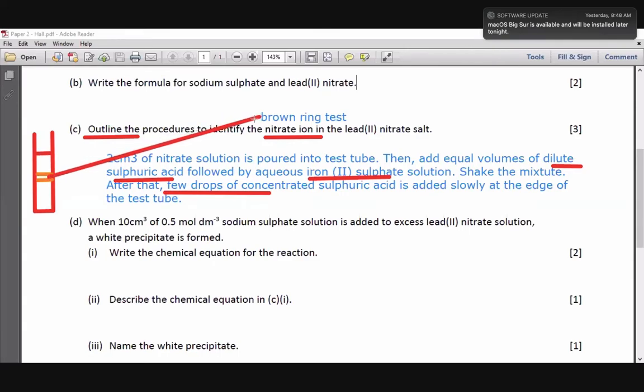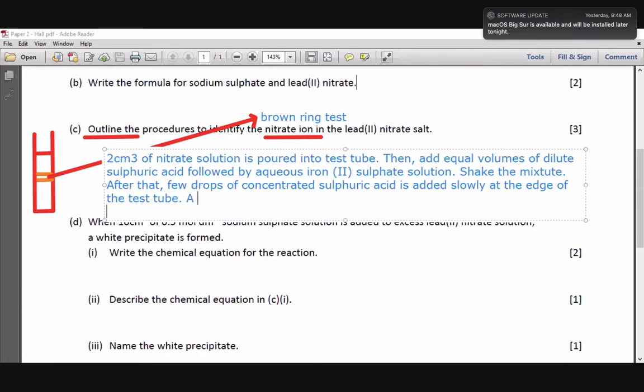Okay, so this will be our brown ring test. Observation: a brown ring is formed between two colorless solutions. 或者是你可以用 a brown ring is formed in the middle of the solution, the mixture 也可以。一定要写啊，a brown ring is formed in the middle of the mixture, for example, or in the middle of the solution.